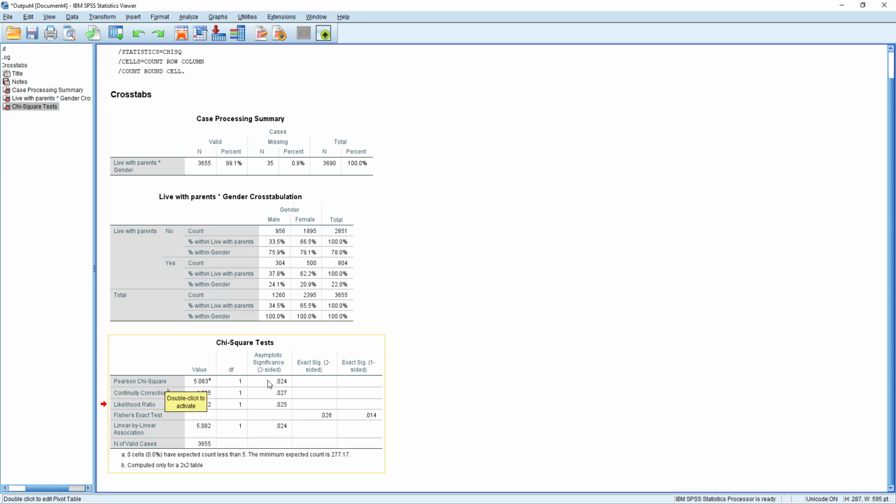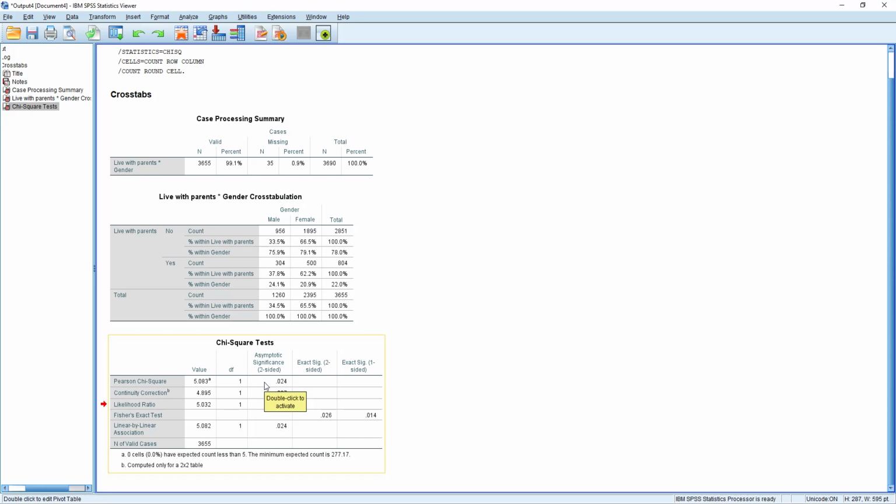And the important thing to remember about chi-squared is, how does it tell us if this relationship is statistically significant? If this number here, and this number is 0.024, is less than 0.1, our interpretation is that we have a 90% significance, or we can be 90% certain that this relationship has not occurred by chance.